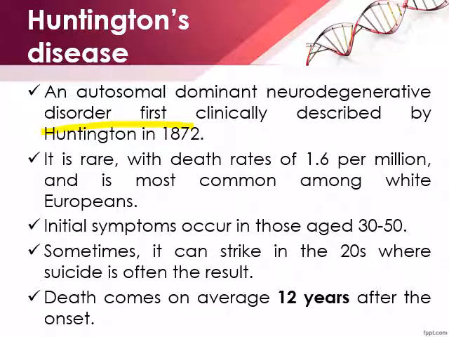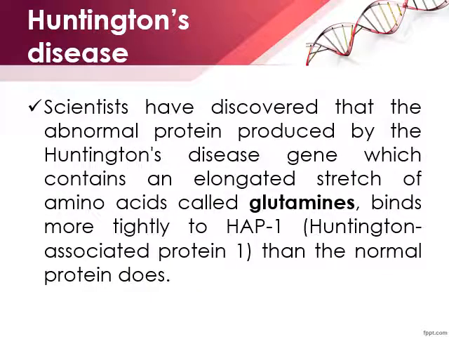Initial symptoms occur at age 30 to 50, and death comes on average 12 years after the onset. Scientists have discovered that the abnormal protein produced by the Huntington's disease gene, which contains an elongated stretch of amino acids called glutamines, binds more tightly to Huntington-associated protein 1 than the normal protein does.